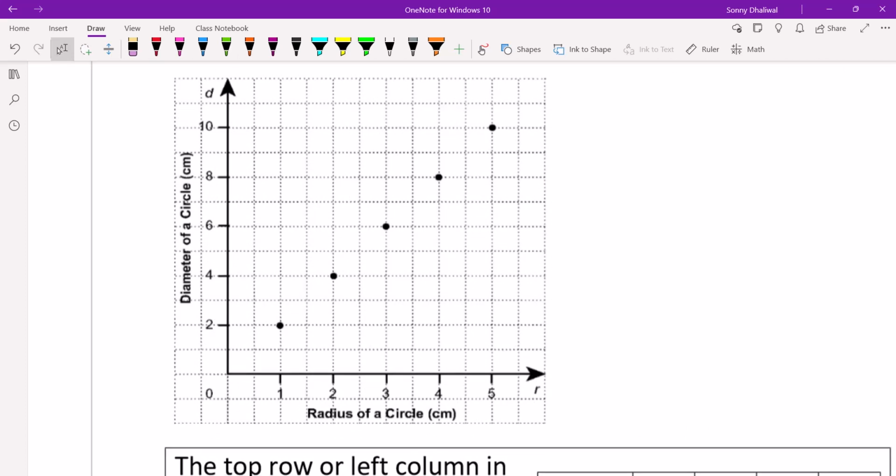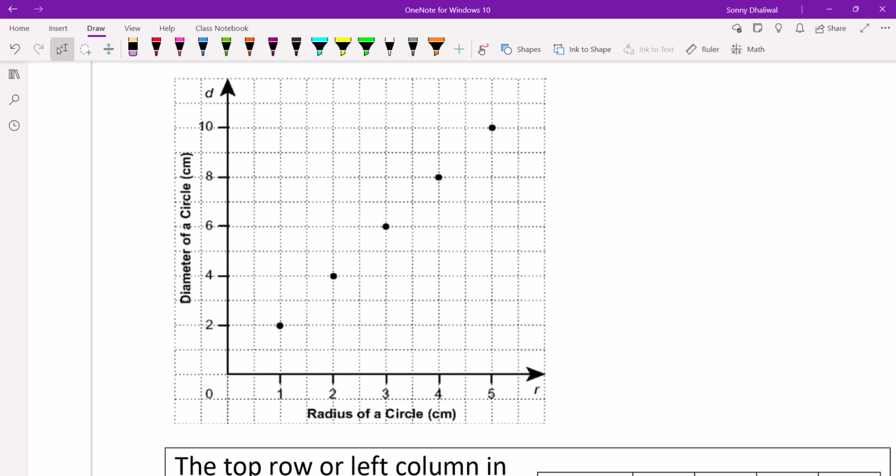Okay. So we have a graph. We have 2 axes. We have one that goes up and down, one that goes left and right. We typically give them letters X and Y. They have to go on a particular line. Which one's X? Which one's Y?